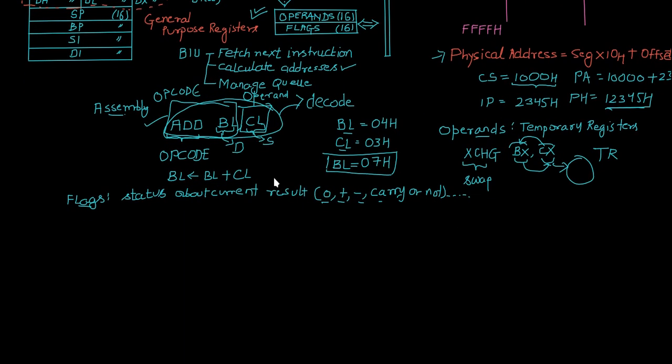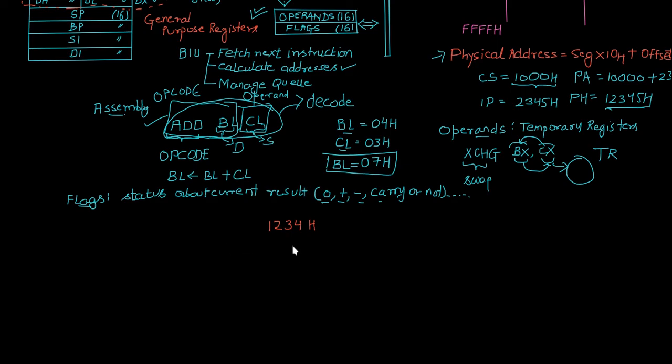So let's suppose you have data 1, 2, 3, 4, H. Now we know that this is 16-bit data, and we have already seen the hexadecimal format. We can make use of the hexadecimal table that we have drawn and decode it.